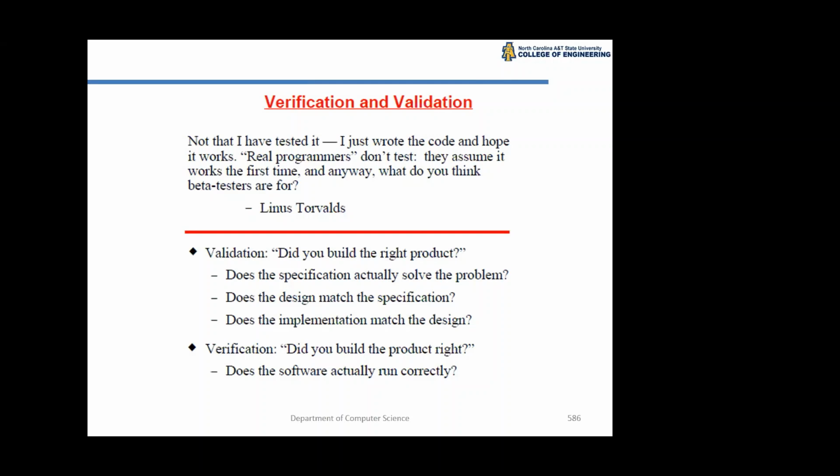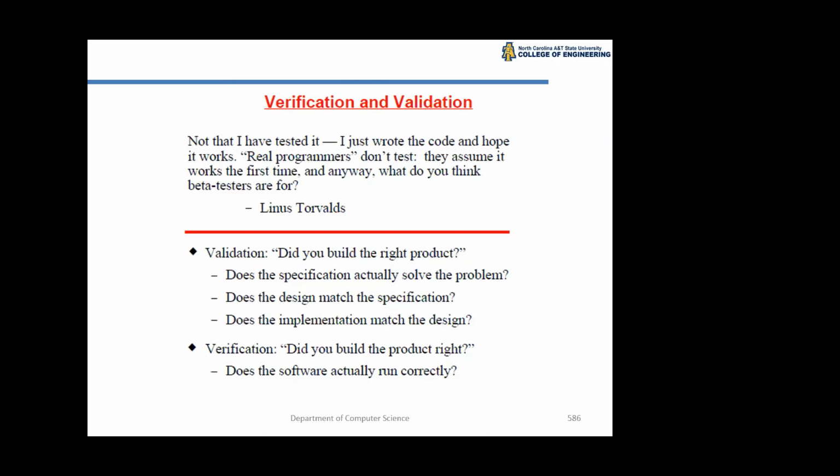The first is validation, whether you build the right product. It means whether your requirements document captures all the requirements that your clients want, and whether the specification actually solves the problem. The next is how your design matches your specification or requirements, and whether your implementation matches the design.